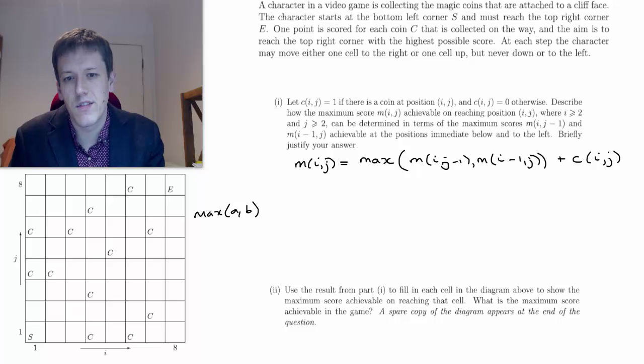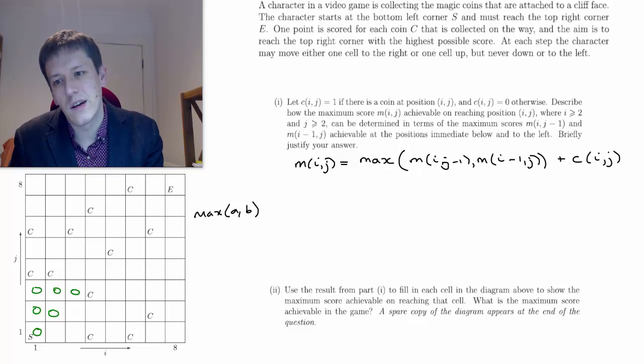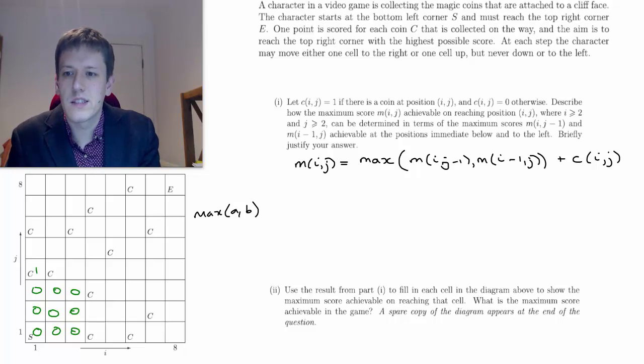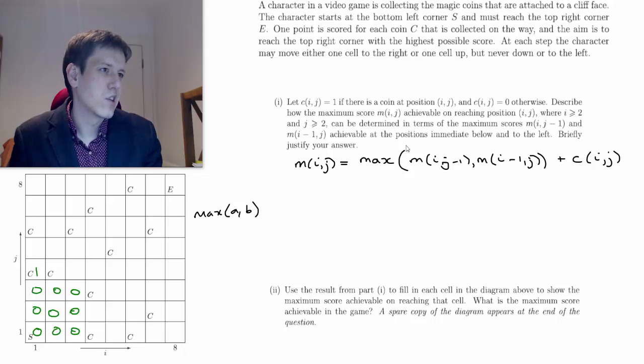So obviously I can't have achieved any score to begin with, and it's fairly easy to see that in all of these cells down here there's just no way that I can possibly have scored at this point. But as soon as I enter this cell, I could have scored 1, and now at every stage I'm going to follow my rule and just look below and to the left, look at the maximum I could have achieved up to that point, just add 1 if there's a coin.